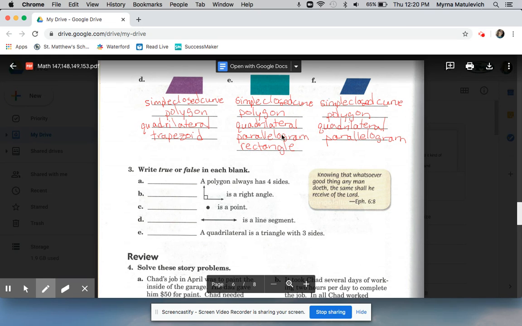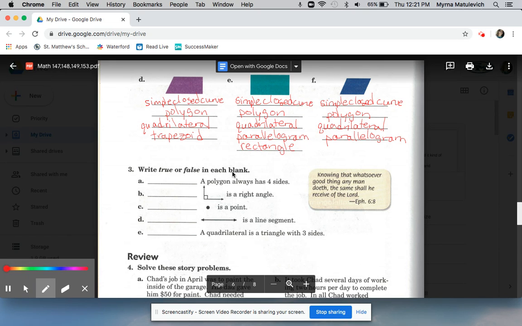E is a parallelogram, but to be more specific, it is a rectangle because we have 90-degree angles here. Right angles. And F is a parallelogram. I don't have right angles, but this is parallel to this, and this side is parallel to this side. Like I said, we're going by how it looks, but when you get into the higher levels of geometry, you really need to have angle measurements and side lengths to make these proofs.